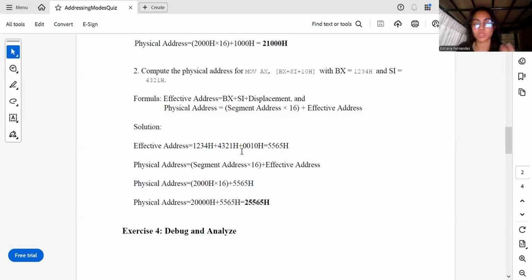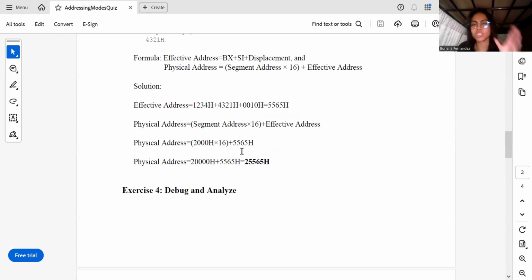So the physical address is equal to segment address times 16 plus the computed effective address. So that physical address is equal to 2000H times 16 plus the computed effective address, which is equal to 25,565H.